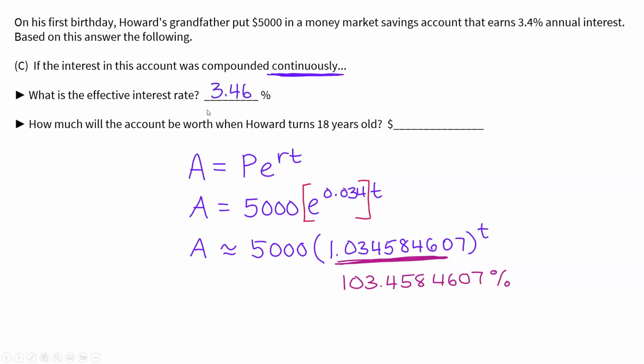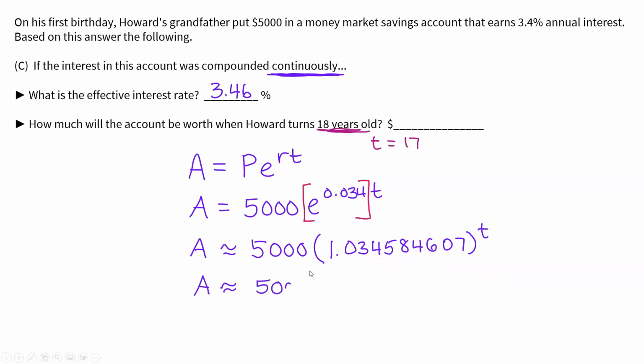So that's the most that you're going to probably get through compound interest. It's going to change it by 0.06% max as far as an effective rate goes. And then you're just going to plug in the 17 again to get the value, and when you do this you end up getting about $8,912.35.